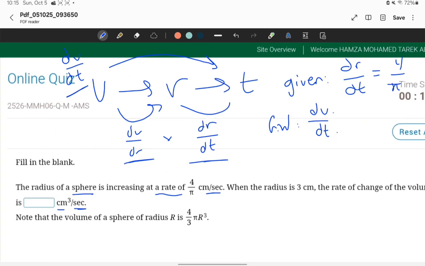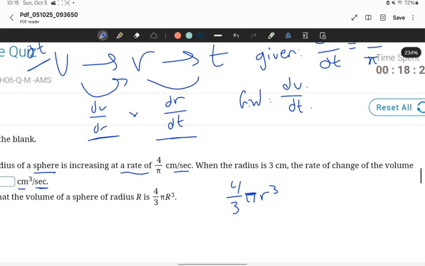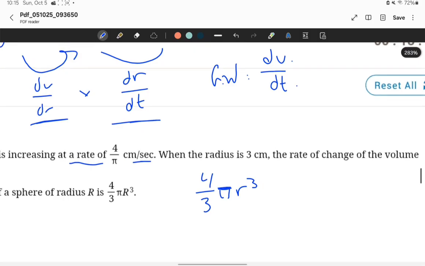And the volume of a sphere is 4 over 3 pi r cubed. If we derive this, we get dv over dr. To derive it, you just multiply by 3, and get 4 pi r squared. So this is our dv over dr.